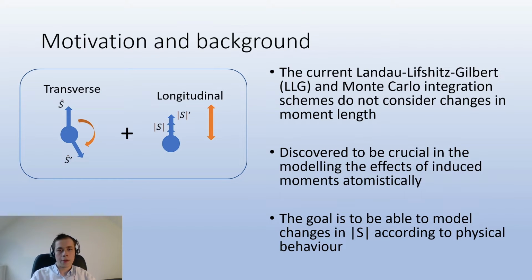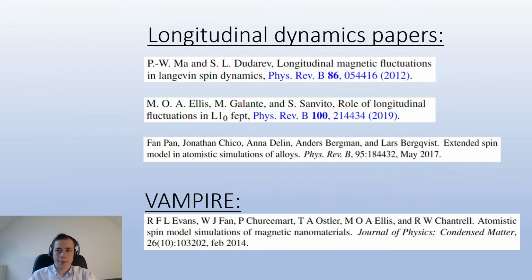So what we have implemented in Vampire is two new integrator schemes that include longitudinal motion. So not only are the spins varying in the transverse degree of freedom, they are also varying in their spin length. So the goal is to essentially be able to get a more physical picture of some systems, given that we are now able to model both the transverse rotation of spins and also the longitudinal changes in spins.